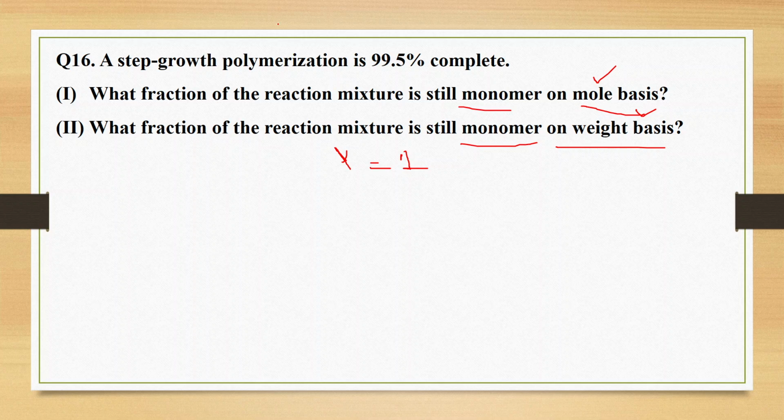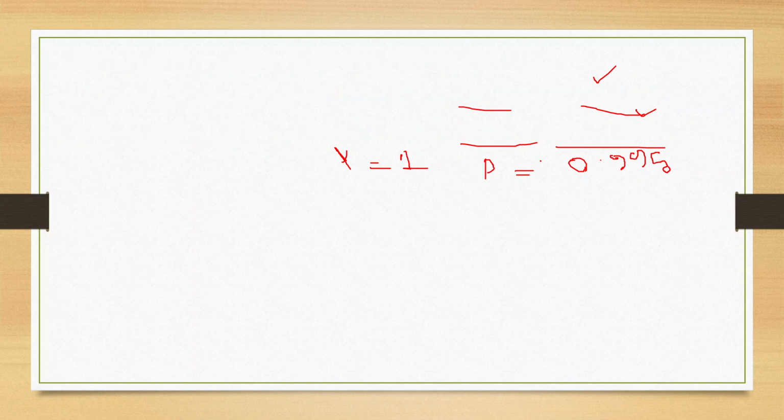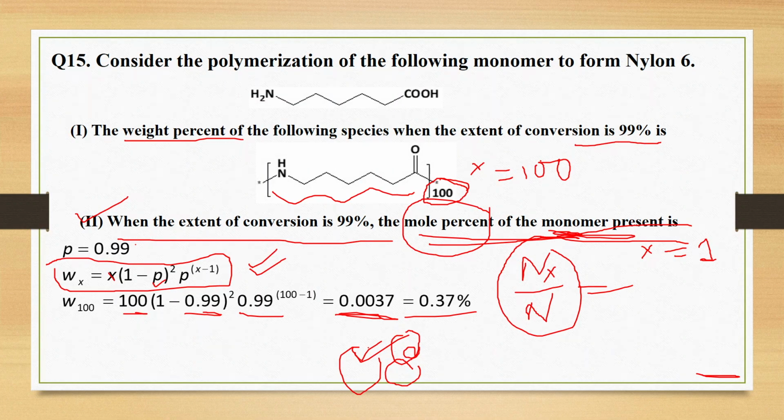You have your conversion, that is 99.5%, so our P will be 0.995. And you already know the formulas. Let me show it to you again. These were the formulas. You know the value for X, you now know the value for P. Just put it there and you will get an answer.